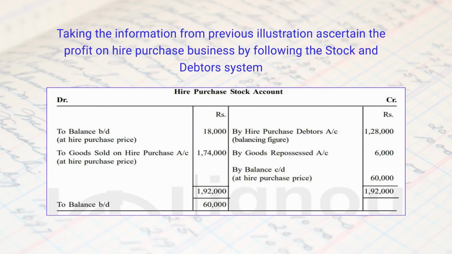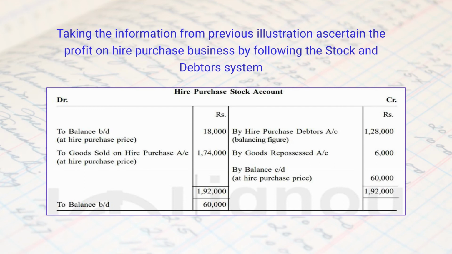Hire purchase stock closing balance is 60,000. So, this is 1,92,000. Out of 1,92,000, if we subtract 6,000 and 60,000, the balance will come 1,28,000. That is why it is known as balancing figure. So, this is the amount by hire purchase debtors, 1,28,000.